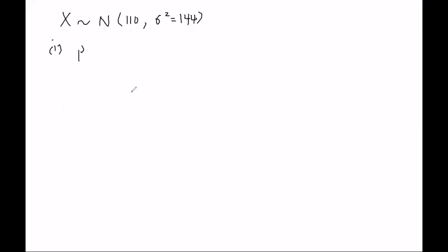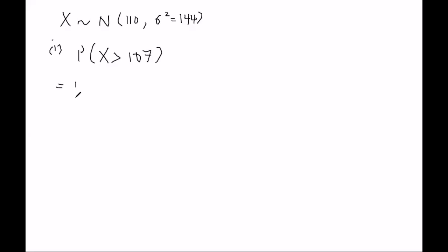For example, in question 2, this is actually just a practice question. Your x is normal with mean 110 and variance 144. So find the following probabilities. P of x larger than 107.